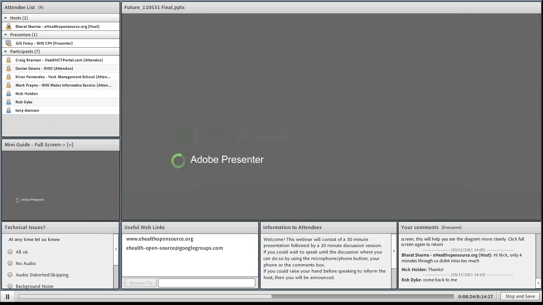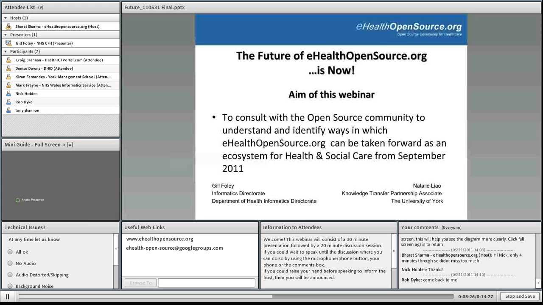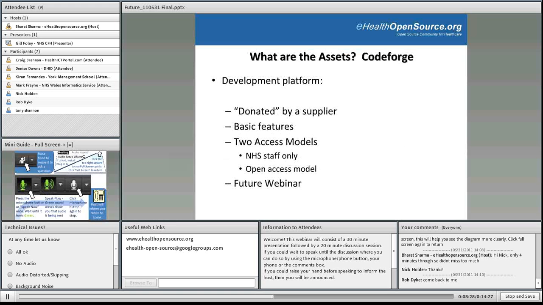For the CodeForge, Tactics 4 have volunteered and donated the infrastructure on which we are running a CodeForge, which is similar to the SourceForge software. It's called GForge. It has the various project services for code development and coordination, collaboration between organisations.